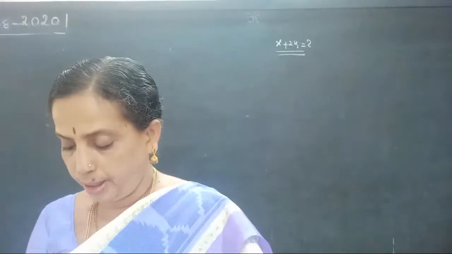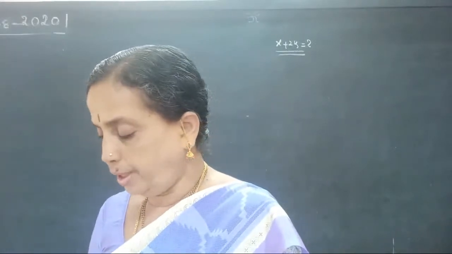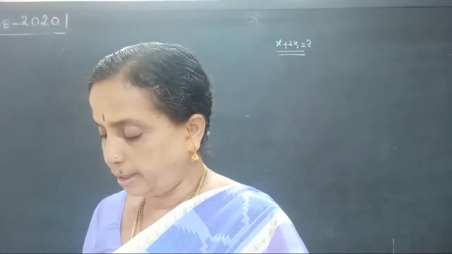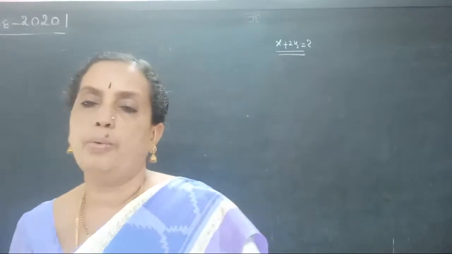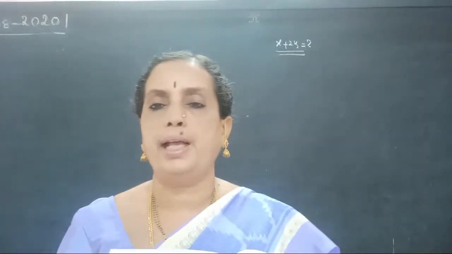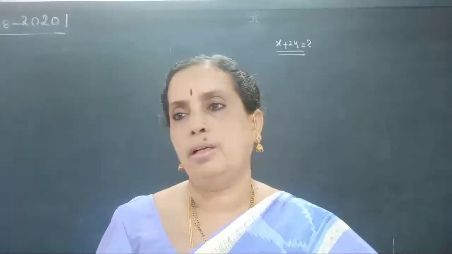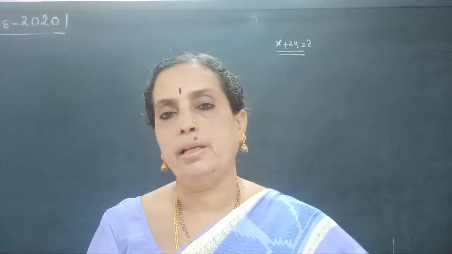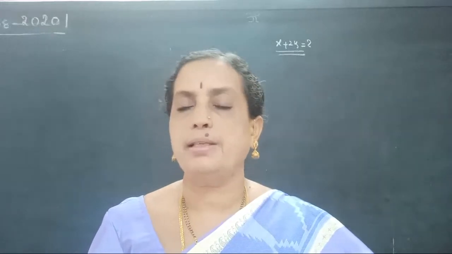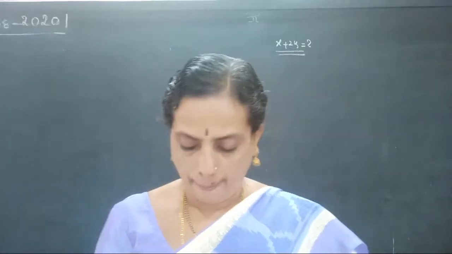In a two-digit number, the unit digit is twice the tens digit. Suppose you assume the unit digit as x and the tens digit as y, the first condition is x is equal to 2y.